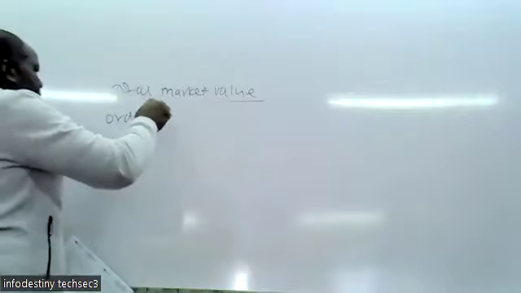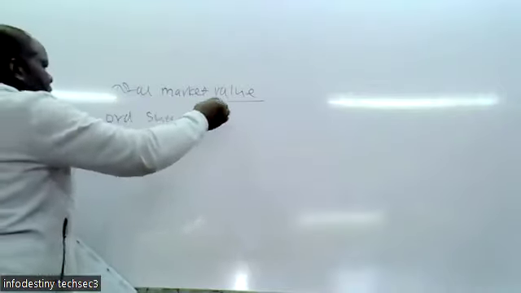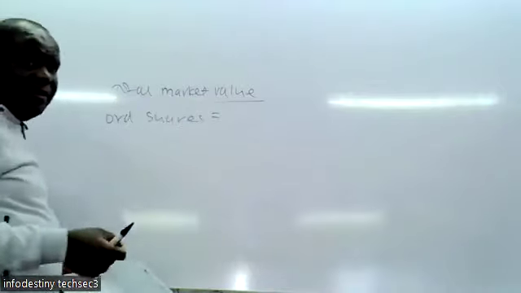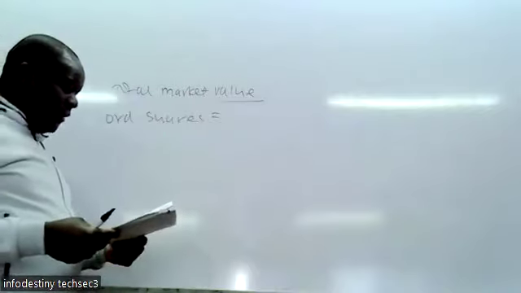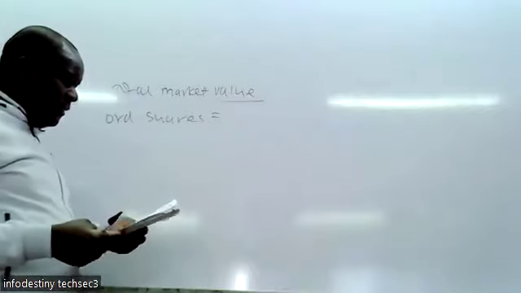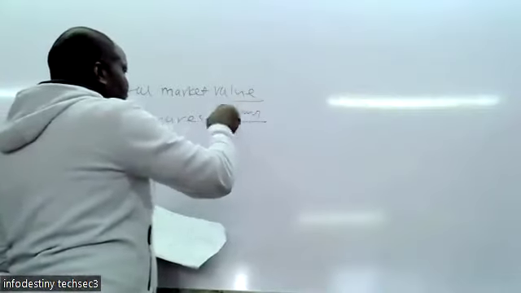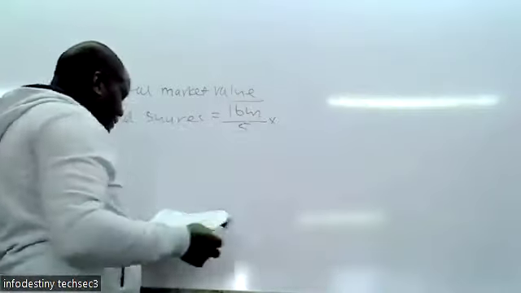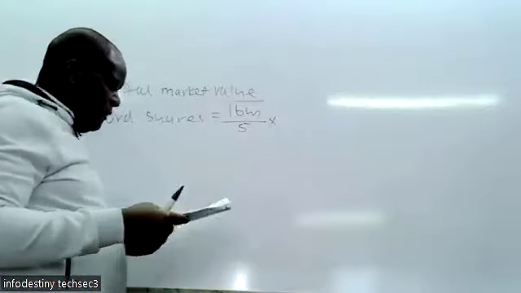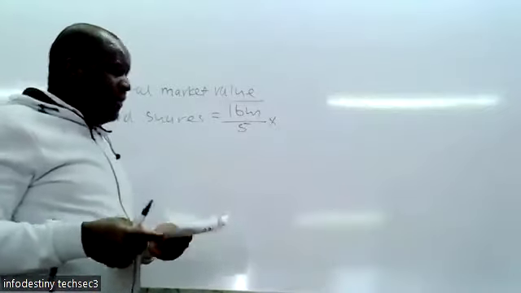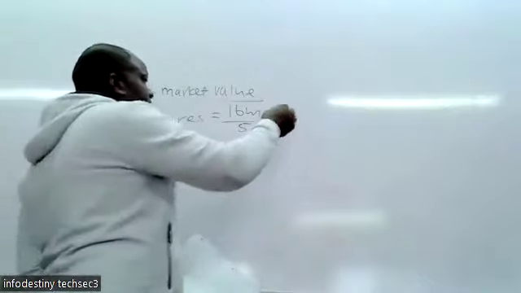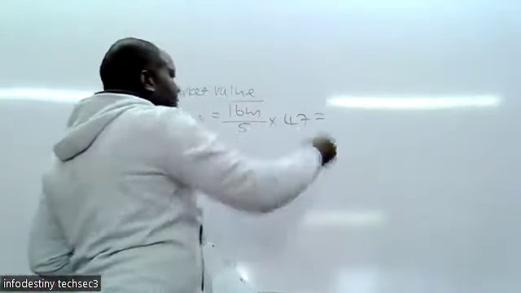ordinary shares. For the ordinary shares, take the 16 millions, divide by the par value, multiplied by the current market price, which was 47.